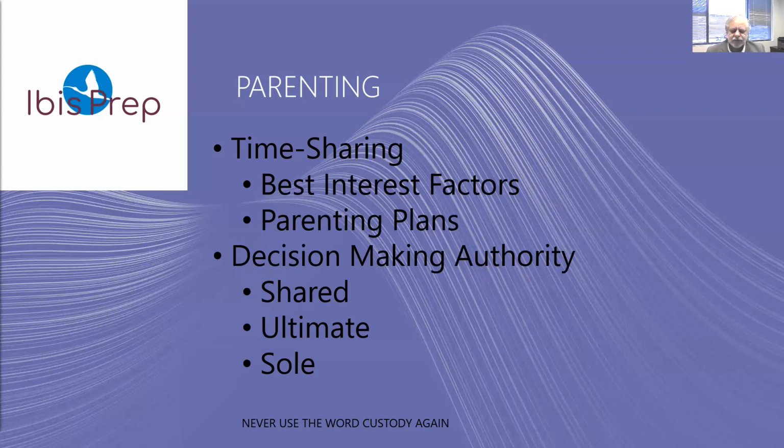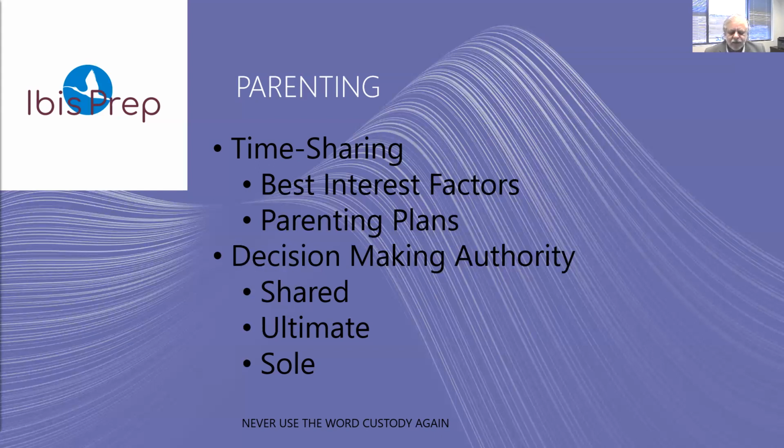Now, ultimate decision-making authority, this is often misconstrued, but it does come into play on the essays. Ultimate decision-making authority only applies when there's an inherent conflict between the parties on certain components of the minor child's life. And the statute says the court can grant shared parental responsibility as to some components and ultimate decision-making authority as to others.